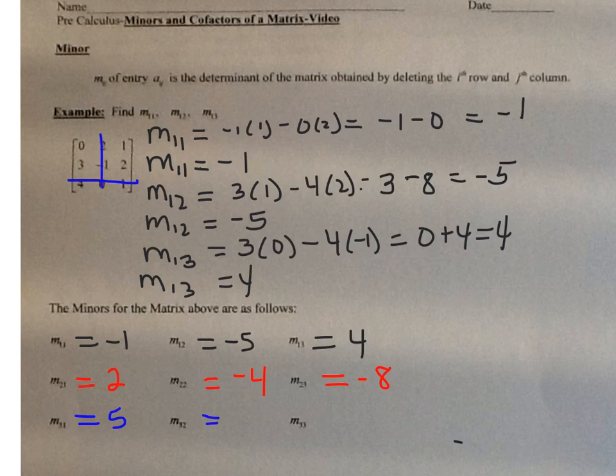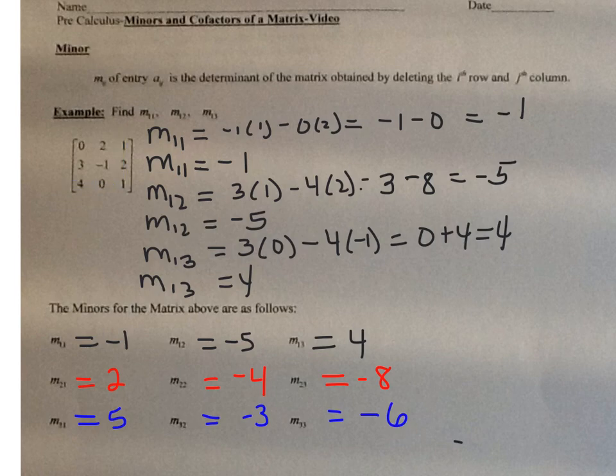So 0 times 2 is 0, minus 3 times 1, which is negative 3. And then we need 3, 3, column 3, row 3. So that is going to be 0 times negative 1 is 0, minus 3 times 2, which is 6, so that's negative 6. Okay, so that's how you find your minors.